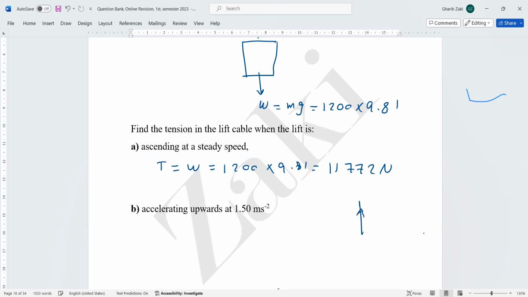Now it moves up with acceleration. Then the tension minus W equals ma. We need the tension.